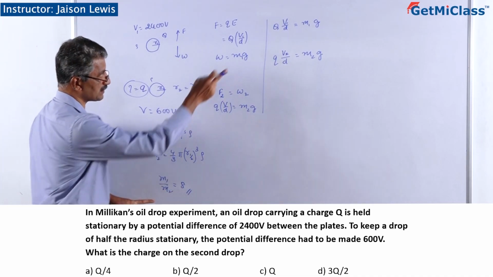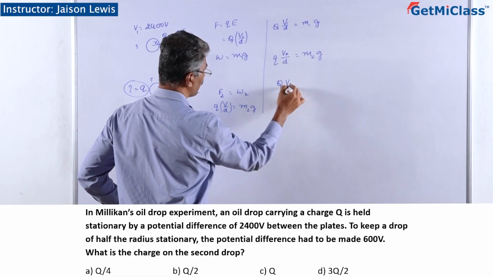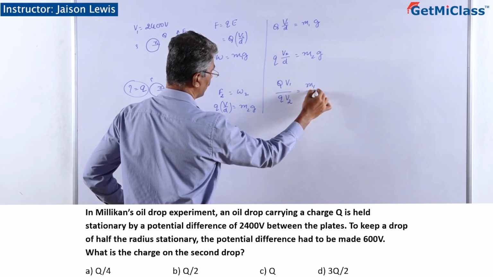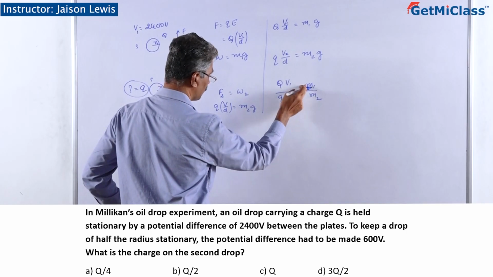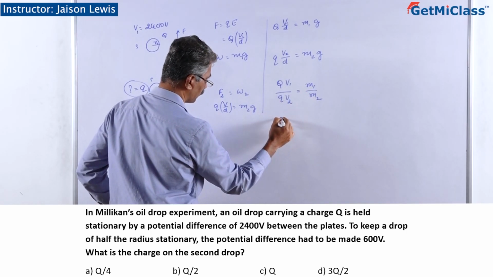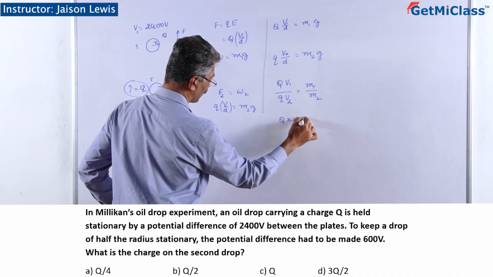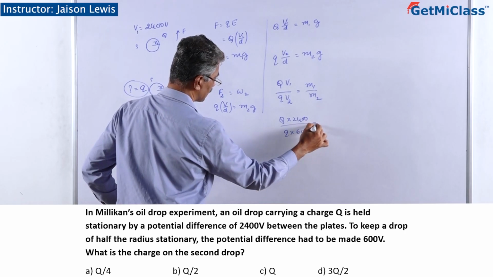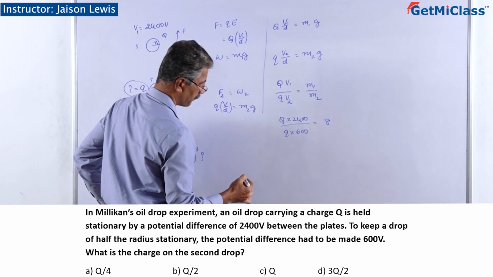Now we'll use this in the simplification. We'll divide: Q into V1 divided by q into V2 is equal to m1 by m2, and m1 by m2 is equal to 8. We'll rewrite: Q into 2400 divided by q into 600 is equal to m1 by m2, which is equal to 8. We'll substitute 8.